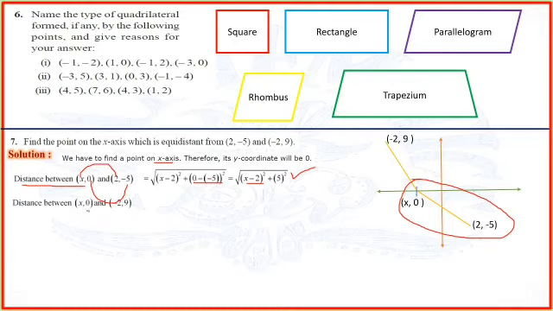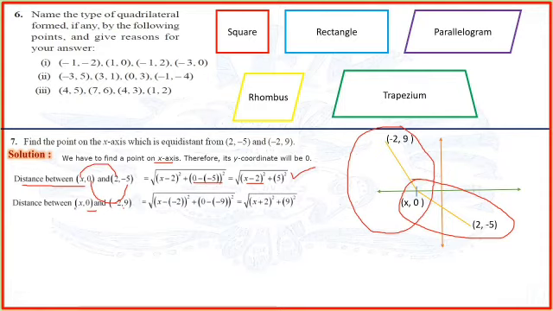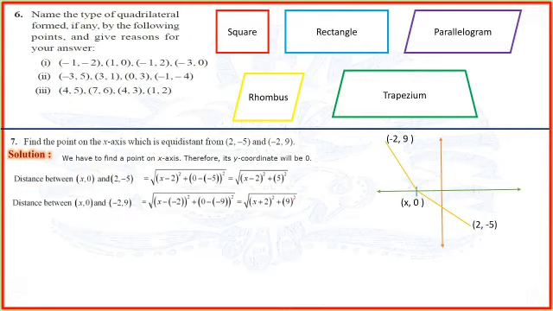Now the distance between (x, 0) and (-2, 9). Again the same formula, (x + 2) whole square plus (0 - 9) whole square. Now as per the question's requirement, these two are equidistant.